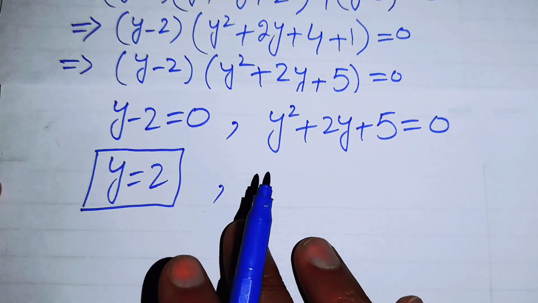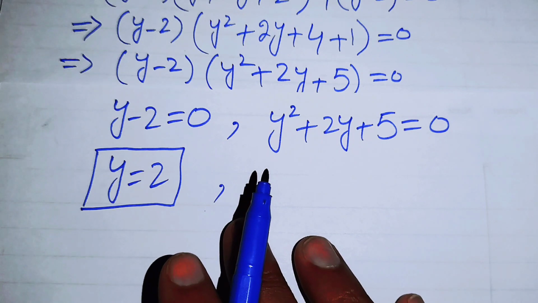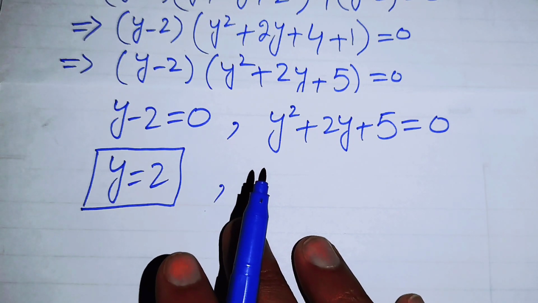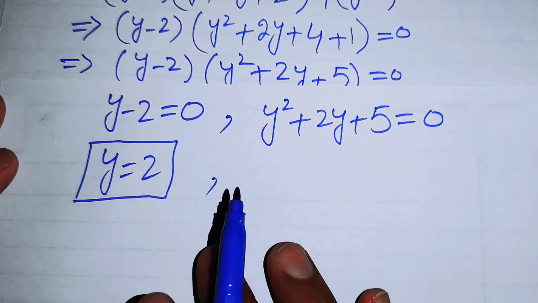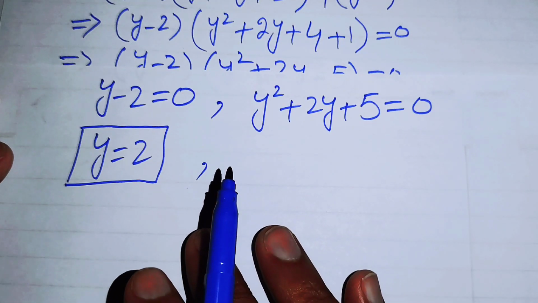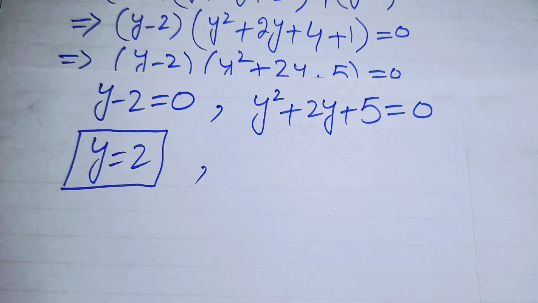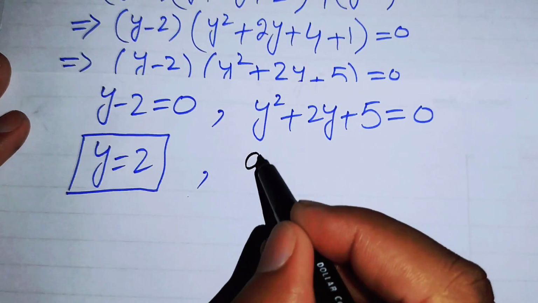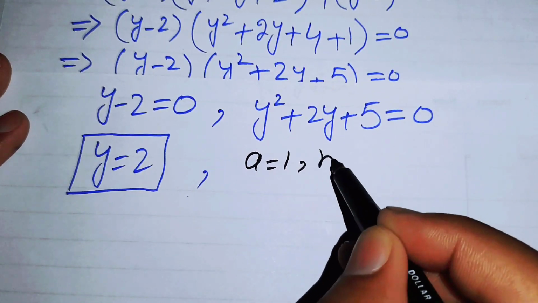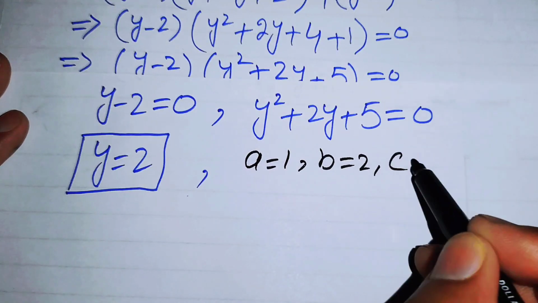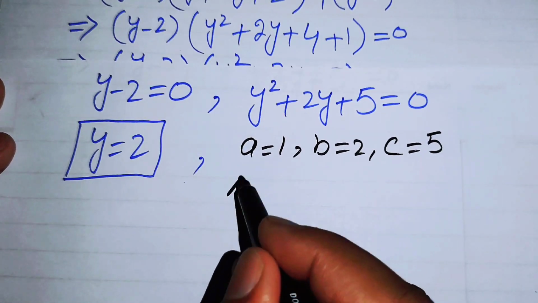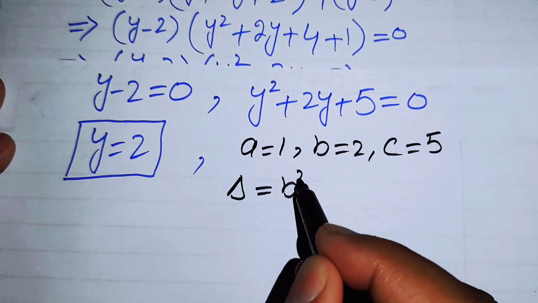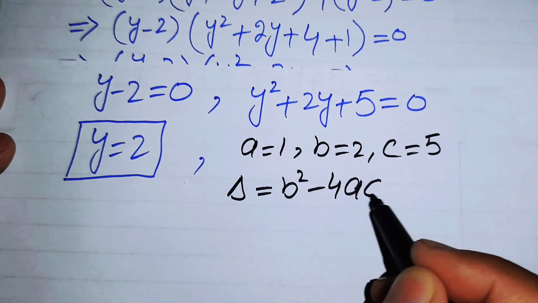In this question we need only the real values, so first I can check whether this quadratic equation has real roots or not by using the discriminant formula. Here we have a is equal to 1, b is equal to 2, and c is equal to 5, and the discriminant formula delta is equal to b squared minus 4ac.